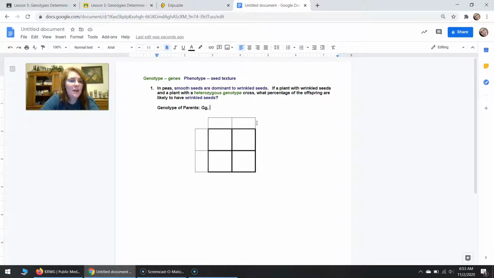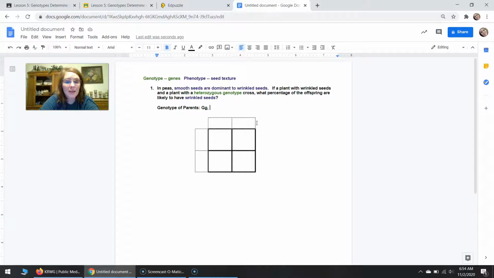We can't tell if we just see you with brown eyes. If you get a genetic test, then we would know for sure, because we would have your genes right there. But the only time you can tell for sure is if the trait that the person or the plant has is homozygous recessive.